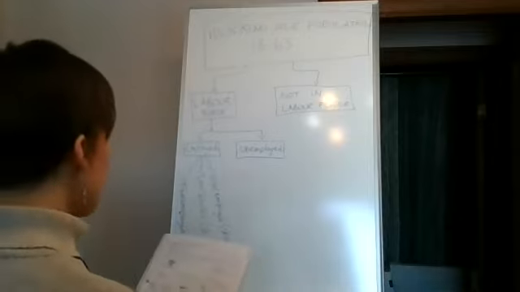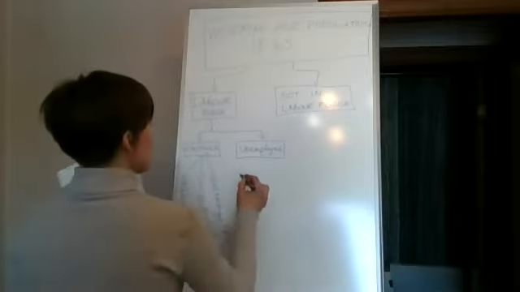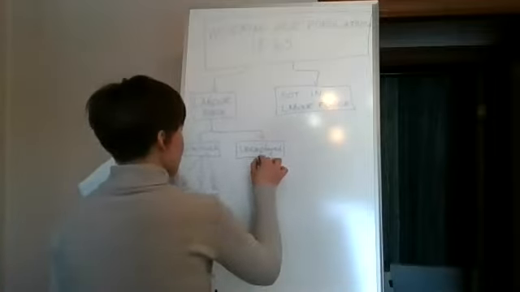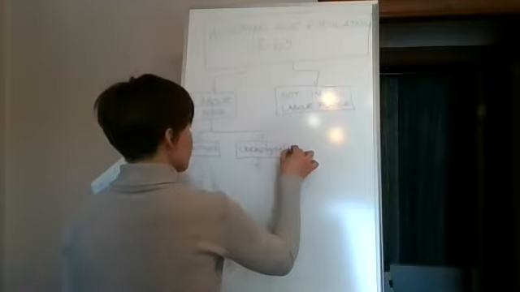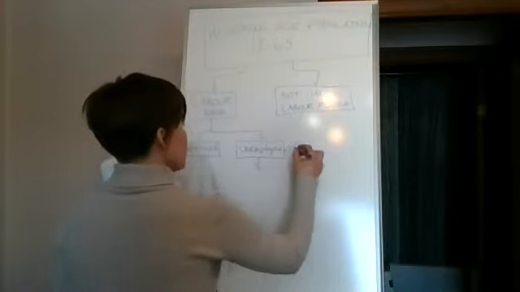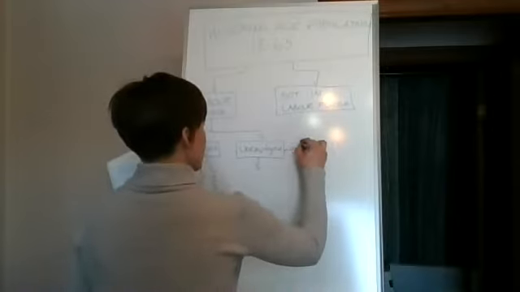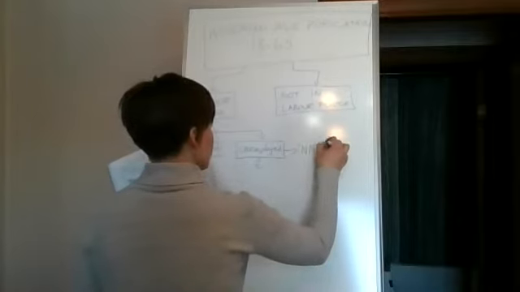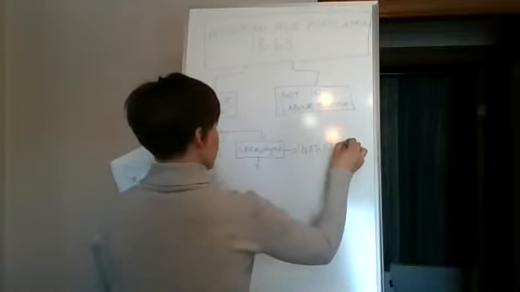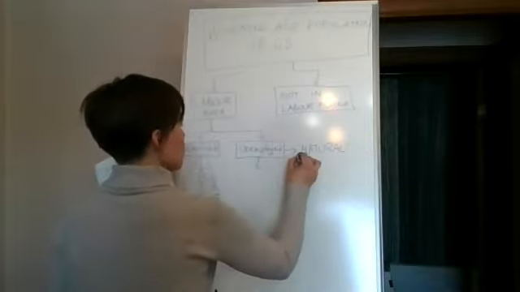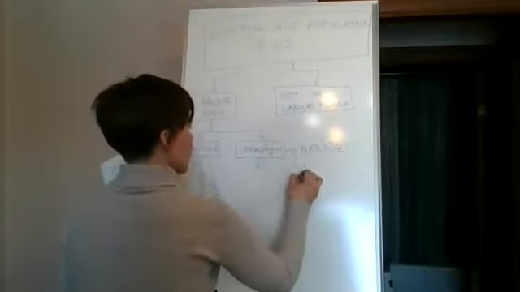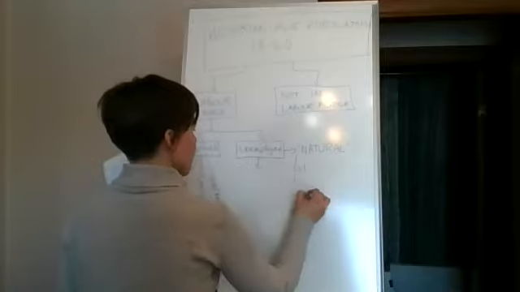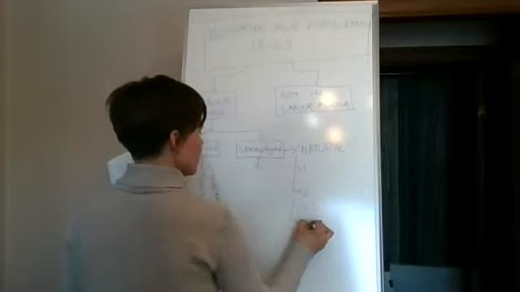So then we've got two broad categories of unemployment. We've got what I'm going to call natural unemployment, and there are going to be three kinds, and we'll come back to those in a second.